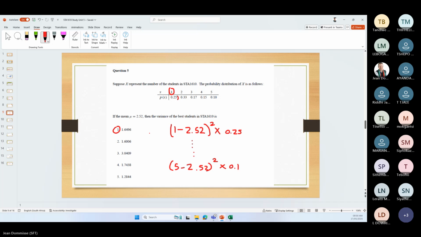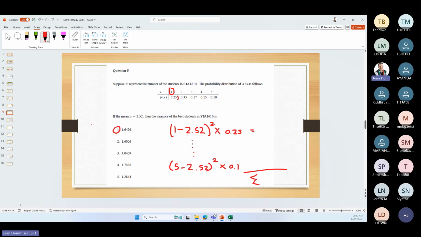So again, how I normally do it, if I don't have Excel, I would just say 1 minus, get that answer, do it for all 5 of them, and then do the sum of it. But the one calculator I have on my phone is definitely going to take ages to do this.